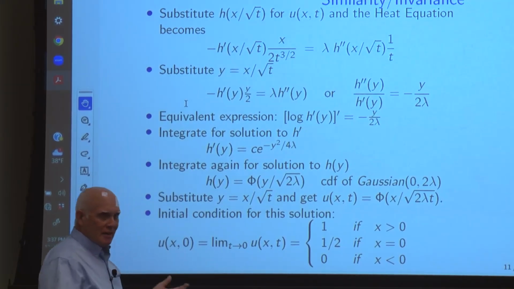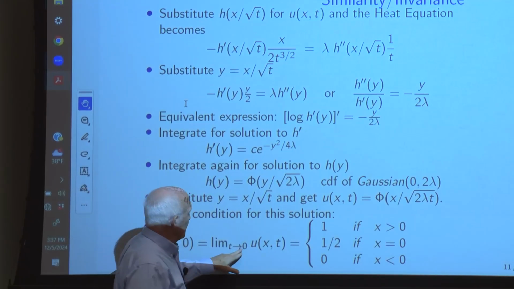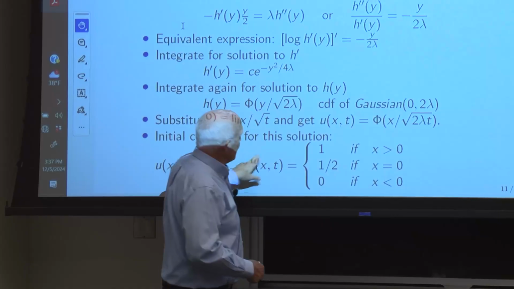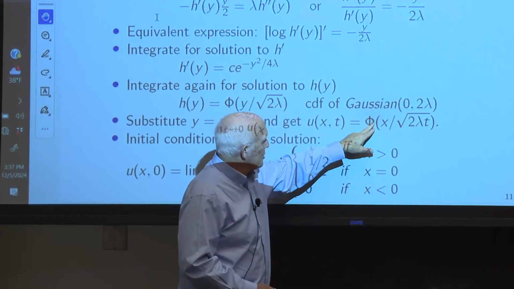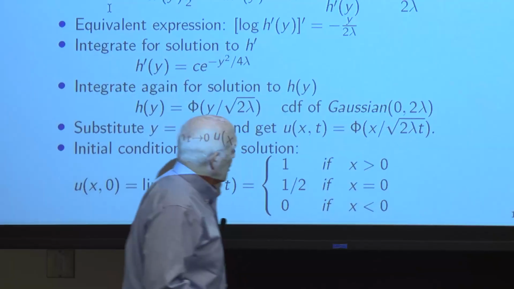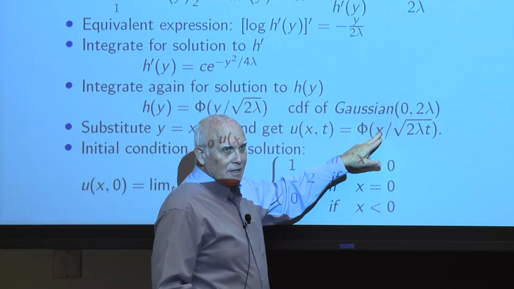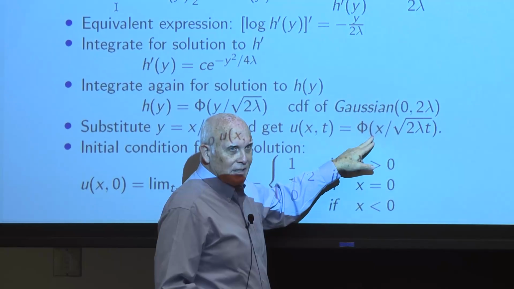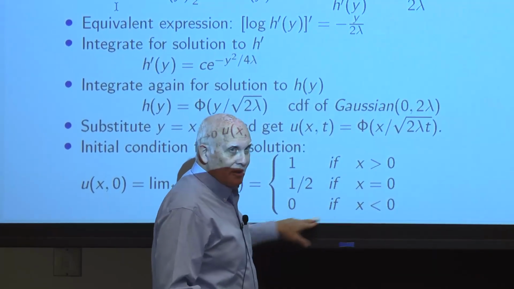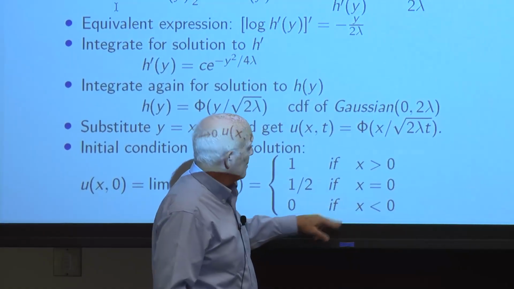Now, with all of this development, we have a formula for what u is over the entire time domain. But at time 0, it's the initial condition. And so the initial condition is the limit of this phi function as t goes to 0. And so when x is negative, this goes to minus infinity, and so we get 0 for the cumulative distribution function when x is less than 0.